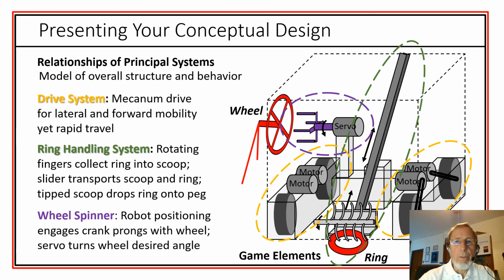So we present this conceptual design by showing the major systems, the principal systems that are part of this robot, and giving a bit of explanation as to what each of these systems is expected to do. So that's a way of presenting your conceptual design.